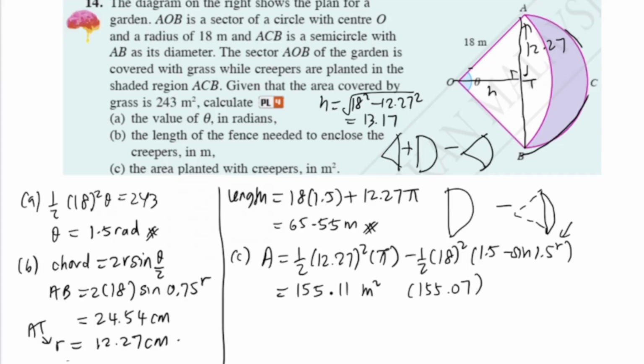So you might want to use area of triangle, which is half times base 13.17 times height. We don't use 12.27, we just times this 24.54, which I know from earlier. If you use 12.27, I have to times 2. So let me just times 24.54.